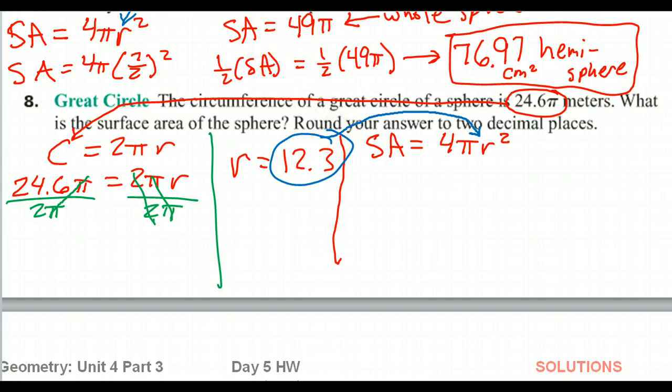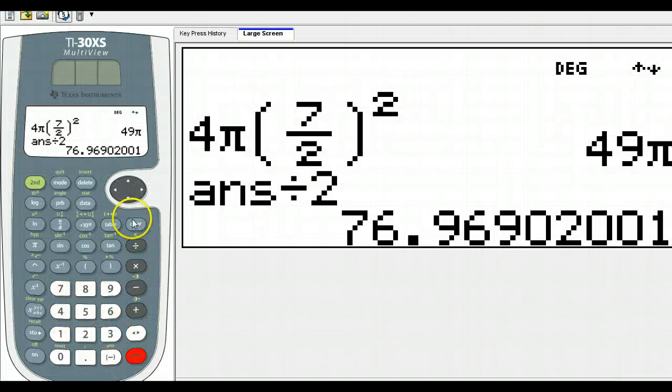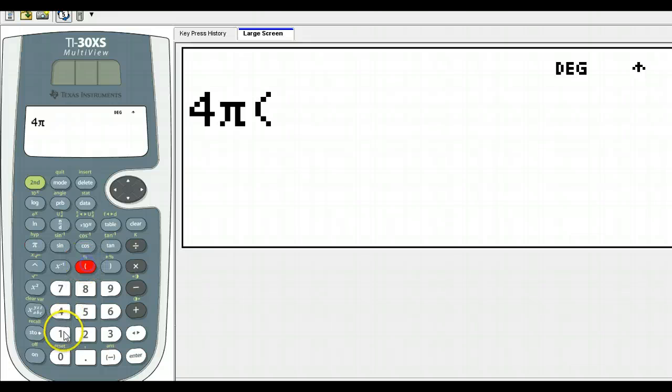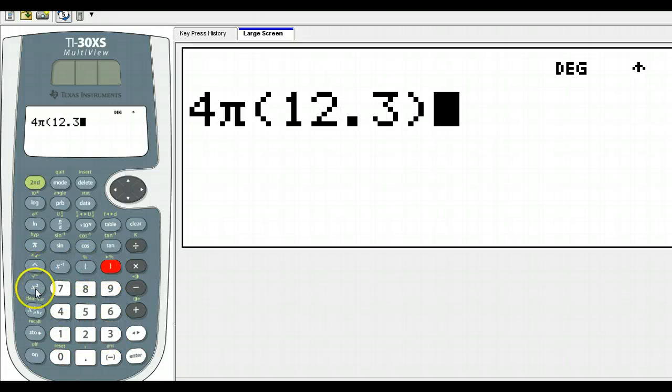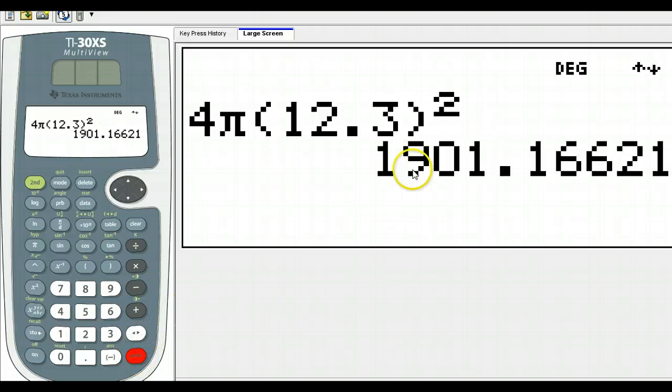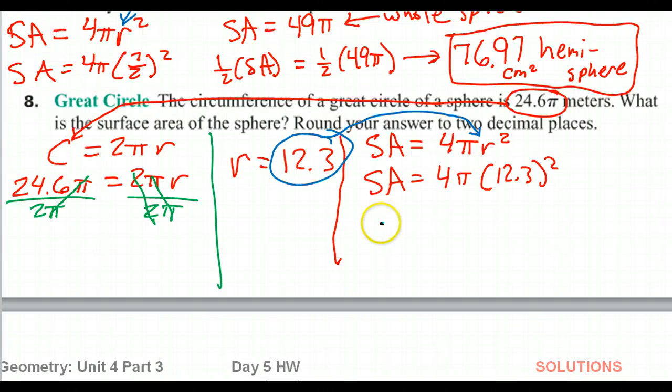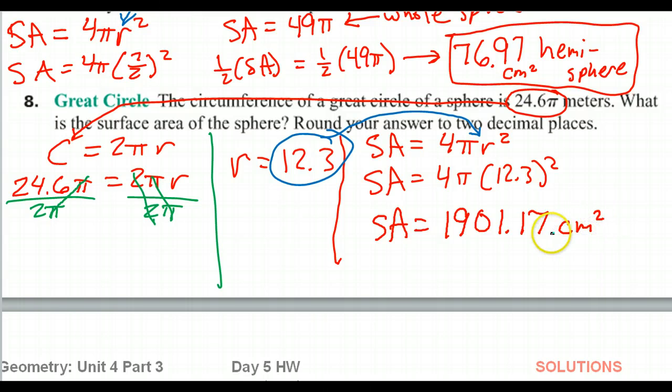The surface area is equal to 4 pi times 12.3 squared. So that's 1,901.17. And this is area, so centimeters squared. All right, that is how you do that.